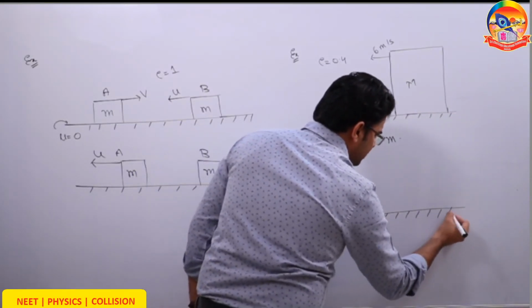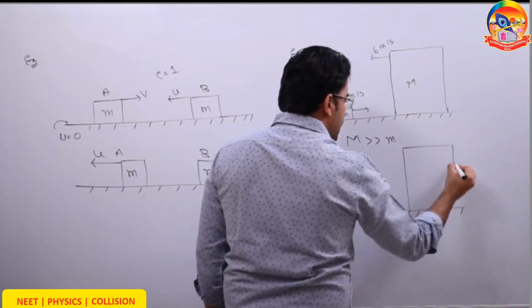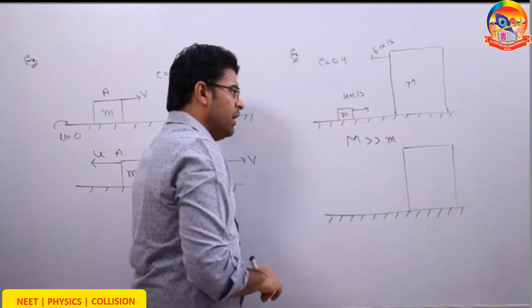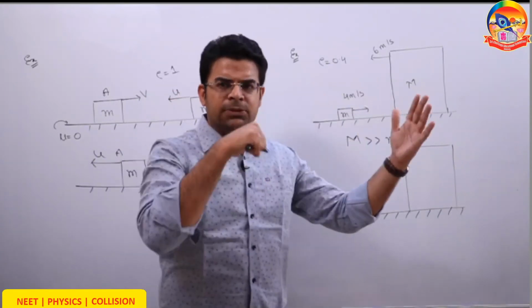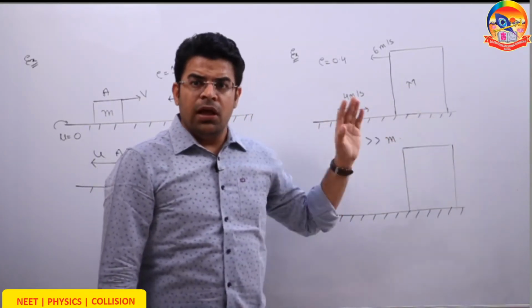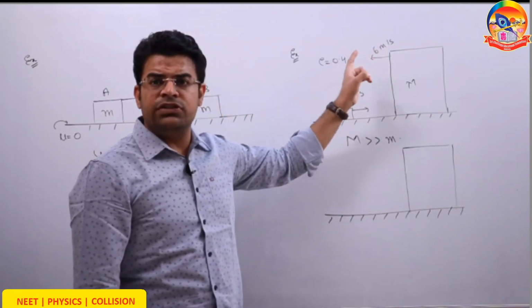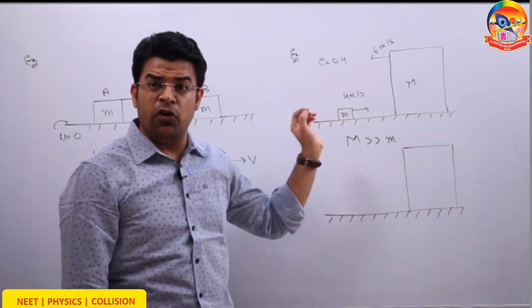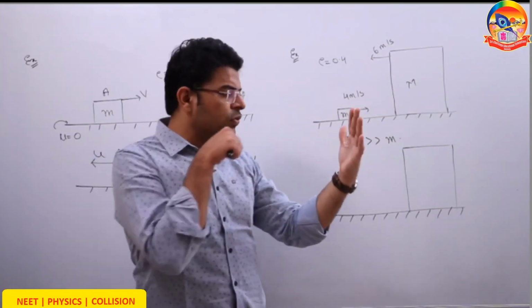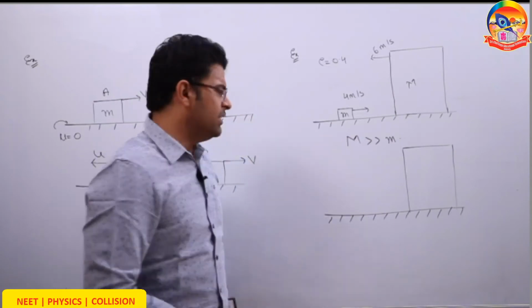Just think this way: since the mass capital M is way heavier than the small m, when the collision takes place, the small mass applies some force on the heavier mass. Since the heavier mass has a velocity of 6 meters per second towards left before the collision, after the collision that velocity should be a little bit less than 6, but we take it as 6.